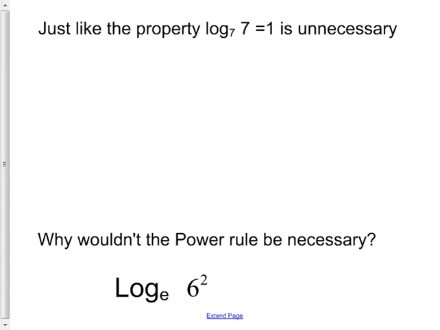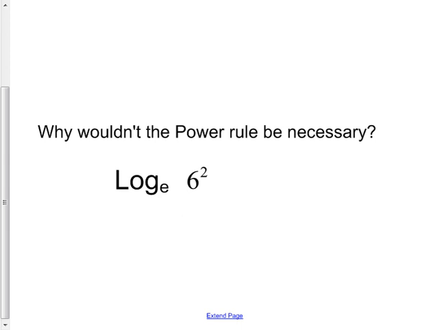You technically wouldn't even need the power rule that says the 2 can come out front, because how could you change this problem so that you could see that would happen automatically? Just said it to you a second ago. Change the 6 squared to a 6 times 6, and that would change this to ln 6 plus ln 6, which would be 2ln 6. So you could just do it that way too. I'm just trying to show you that these properties kind of go with each other.